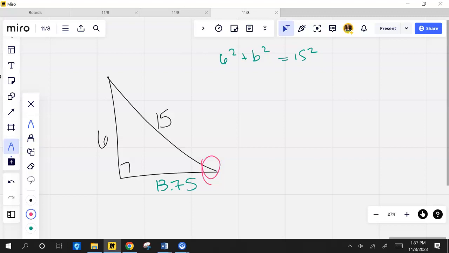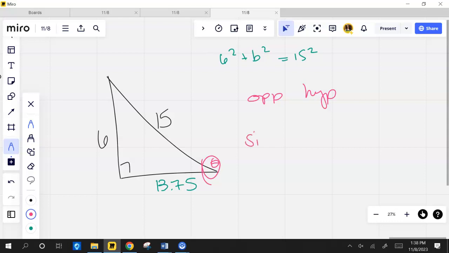So, what sides? Tell me if I'm letting this be my theta, tell me what sides I have. Opposite and hypotenuse. Tell me which trig function deals strictly with opposite and hypotenuse. Sine, right? SOHCAHTOA, right?